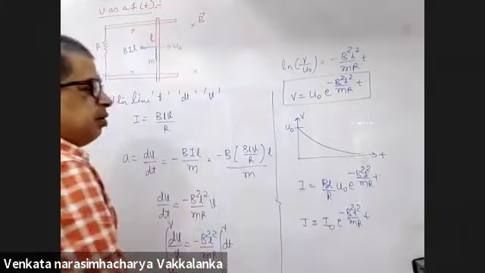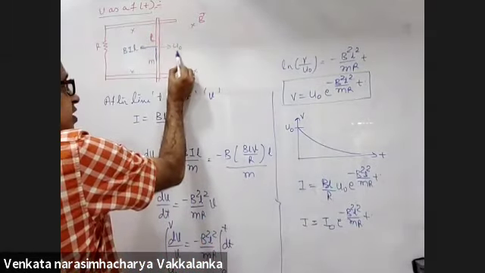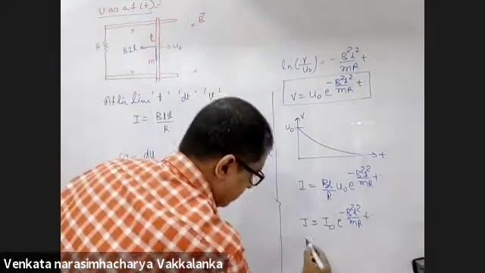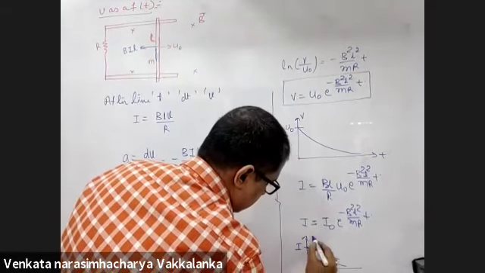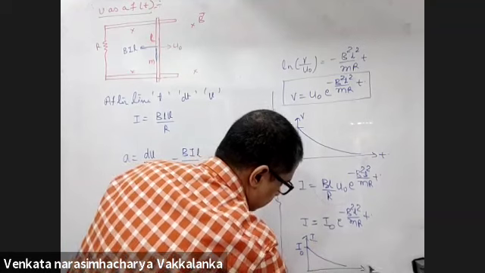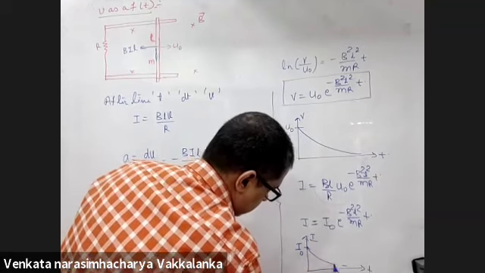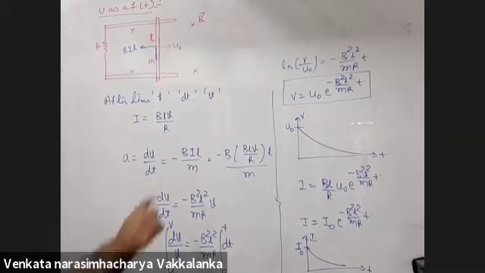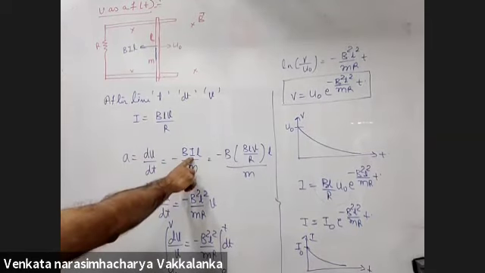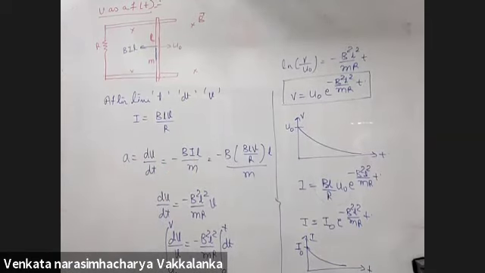What makes you say BL u naught by R is I naught? That was the initial velocity and then the initial current. Once again, I as a function of time is exponentially decreasing. The current will be exponentially decreasing. So as the current decreases exponentially, the decelerating force decreases exponentially, as a result of which the velocity will also decrease exponentially.